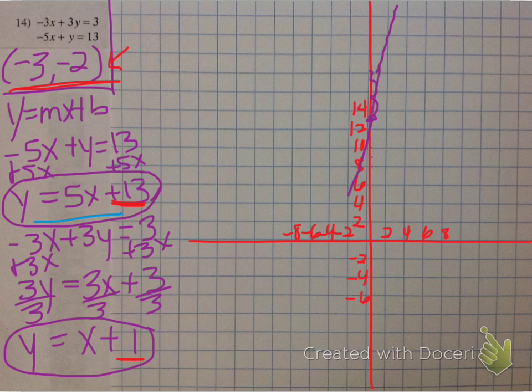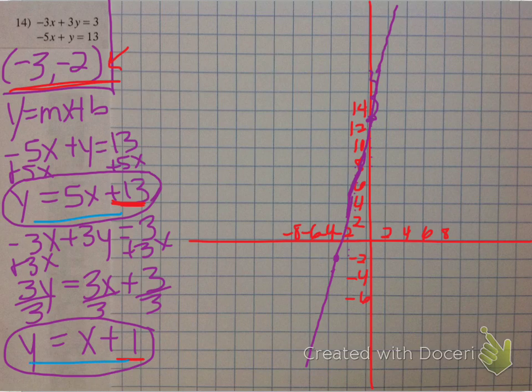Okay, so here's my point right on that spot right there. Then I'm going to go again down 1, 2, 3, 4, 5 over 1. So I've got my point. That's a good sign. -3, -2 does cross in that spot.